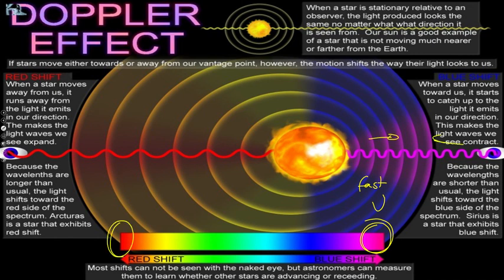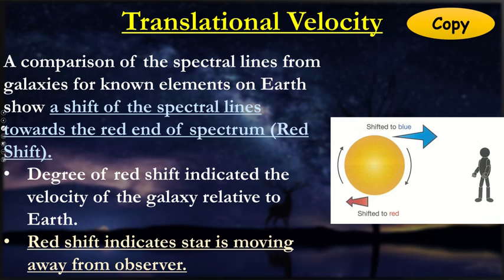If it's on the red side, it's moving further away from us, and if it's really red, it's going really, really fast away from us. This is what we call the translational velocity. Translational just means the velocity in a straight line.